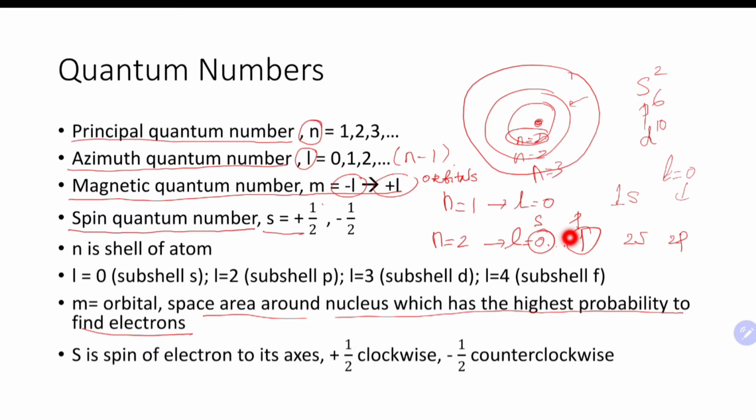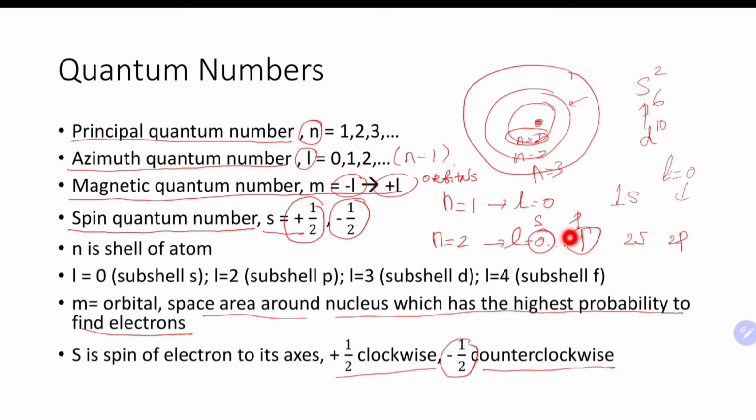And the last one, the spin quantum number s. The value is positive half and negative half. Positive half describes that the electron spins on its axis clockwise and the negative half counterclockwise.